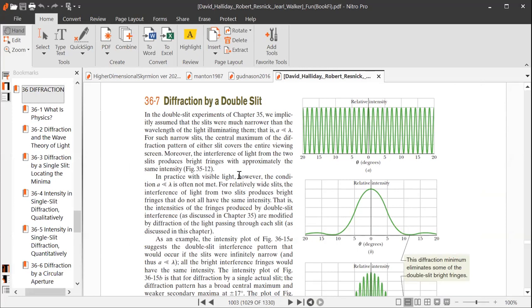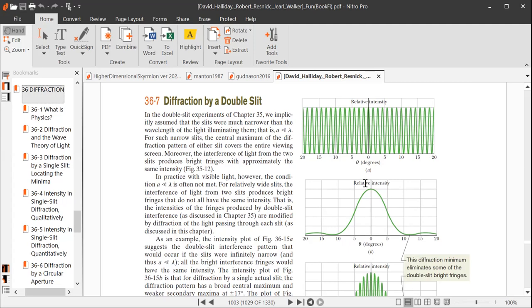This is diffraction by double slit. The first picture describes purely interference, so we omit the width of the slit and only consider the distance between the two slits. Figure B here is the diffraction of a single slit.